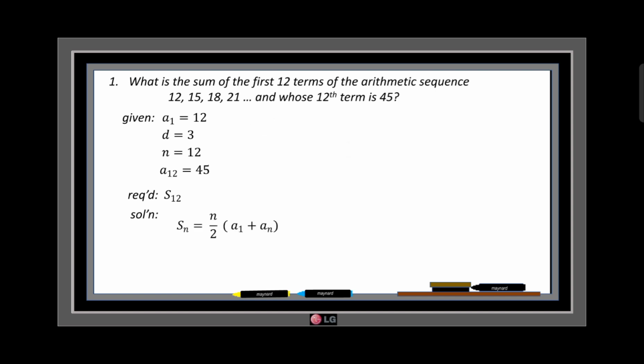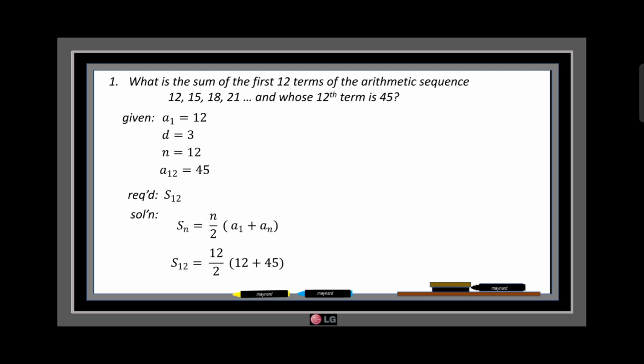So, ayan na siya. S sub n is equal to n over 2 times the quantity of a sub 1 plus a sub n. Substituting the given values, we have S sub 12 is equal to yung n natin ay 12 divided by 2 times the quantity of 12, yun yung a sub 1 natin, plus 45, yun yung a sub n or yung a sub 12.